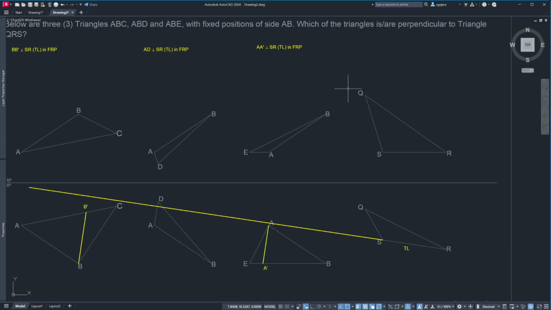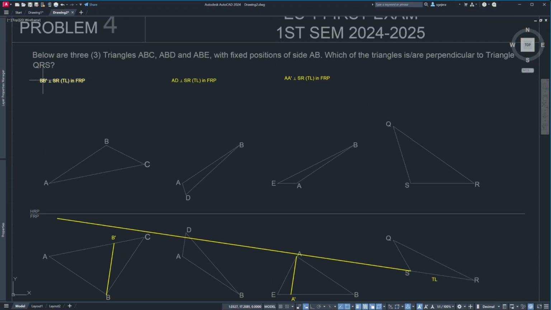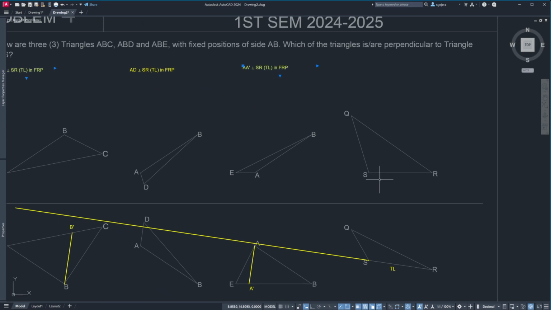we need another line contained in QRS. Right? So, the easiest way to prove this is to just get another true length na lang din dito sa QRS and show that if this plane is truly perpendicular, then the initial lines na nilista natin, itong BB prime, AD, and AA prime, should also appear perpendicular to that new line na ipoproduce natin dito.